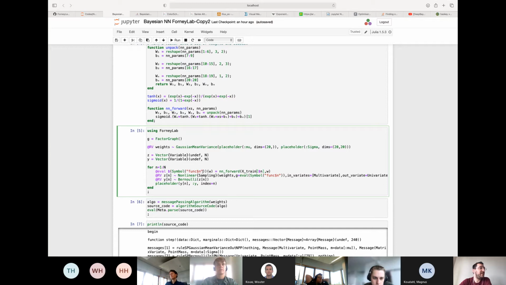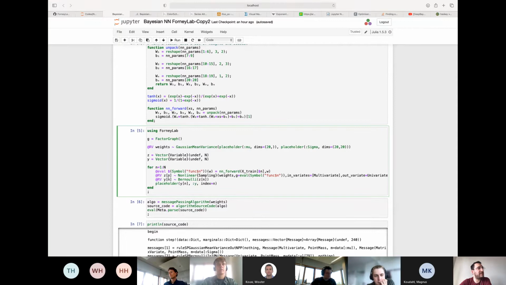And for each data instance, we create a different function to avoid loops. This is something you have to keep in mind: ForneyLab doesn't allow loops with a nonlinear node. So in order to avoid it, I create different functions for each data instance. It's like func1 for the first instance, func2 for the second instance, and each func has its own feature set as input, and there is another argument, W, which stands for the weights.